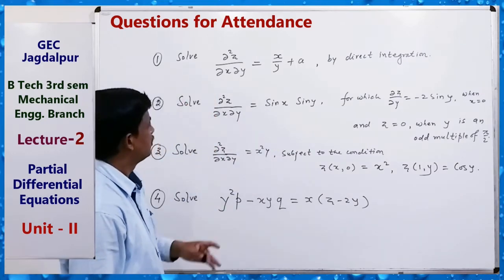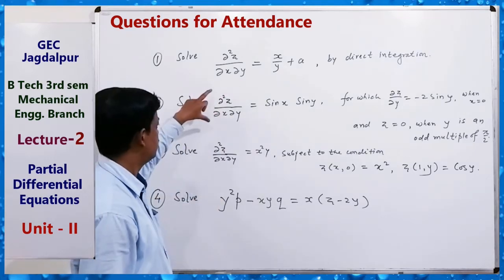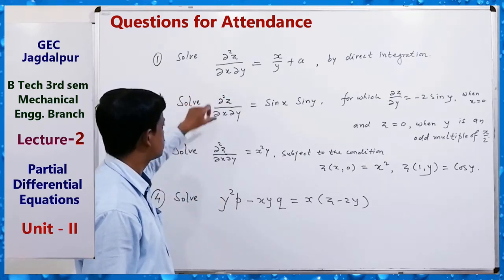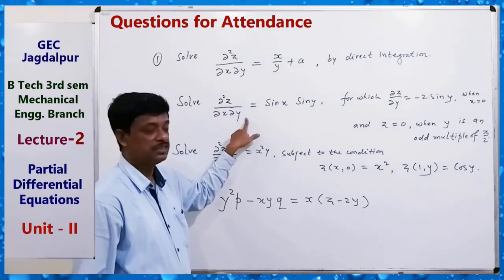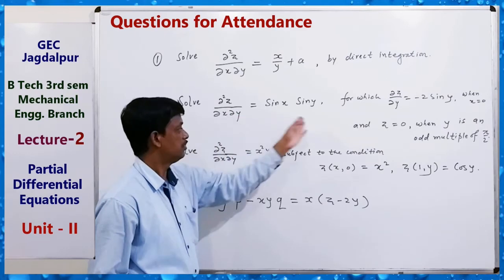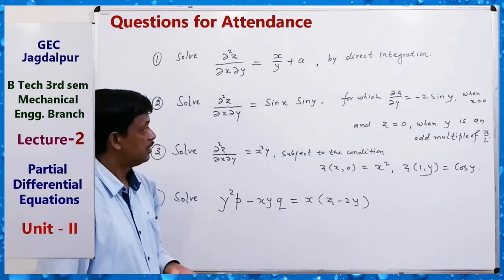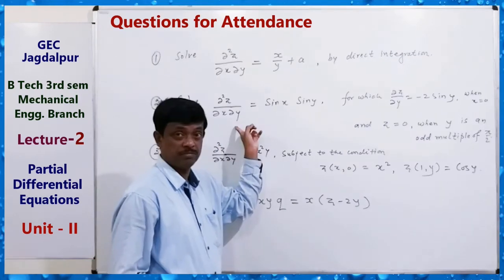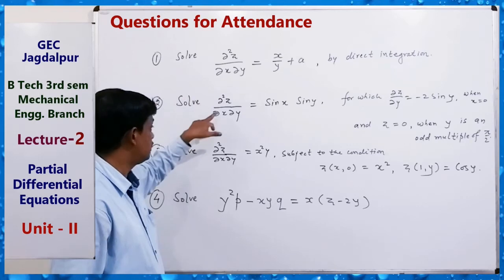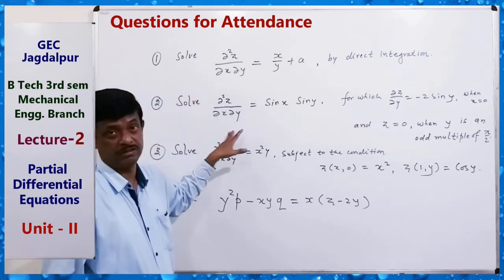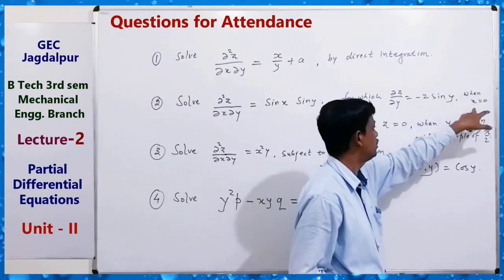Here, first we integrate with respect to x, taking y as a constant, and add some function of y as a constant. At this time, because we integrated once, we get del z by del y. So here del z by del y equals minus 2 sin y when x equals 0.